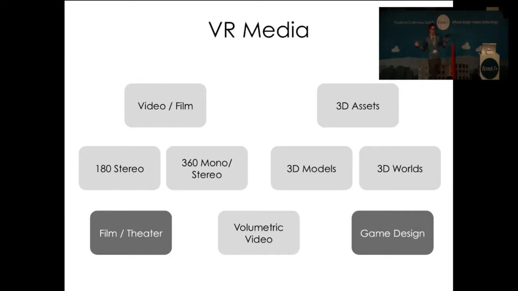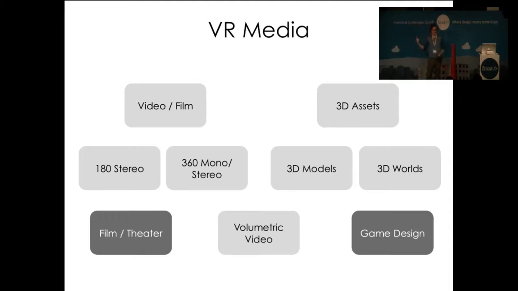Then we can combine two images together, so we can create an entire sphere. And then you, when you're viewing the video, are in the middle of that sphere, with the images all around you. So you're playing a 360 movie.